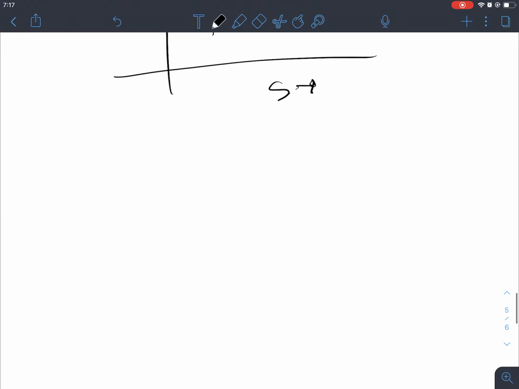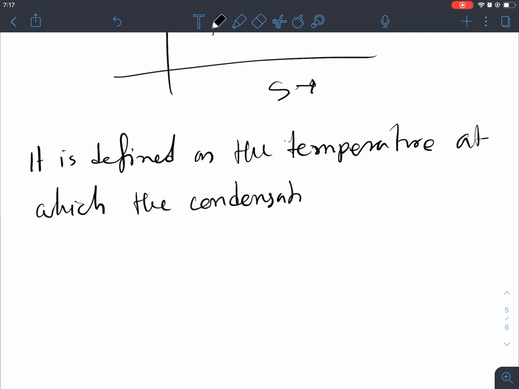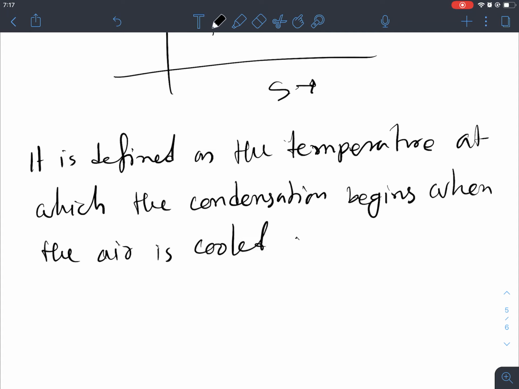So the dew point is defined as the temperature at which condensation begins when the air is cooled at constant pressure.